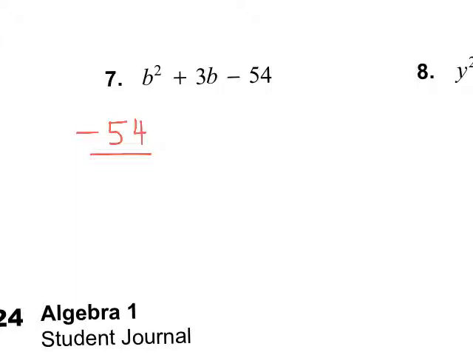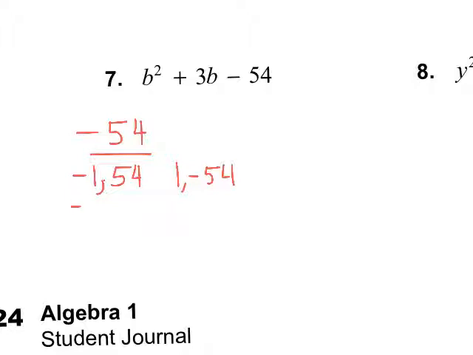So remember, in order to get a negative answer, I would have to have one positive, one negative in my factors. So when I'm doing 1 and 54, I have to do the two pairs of -1 and positive 54, or +1 and -54. Neither of those adds to 3. So let's keep going.